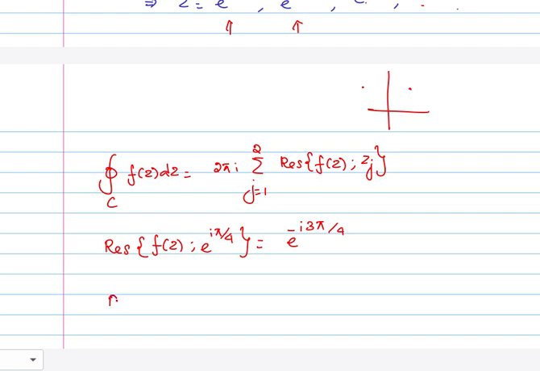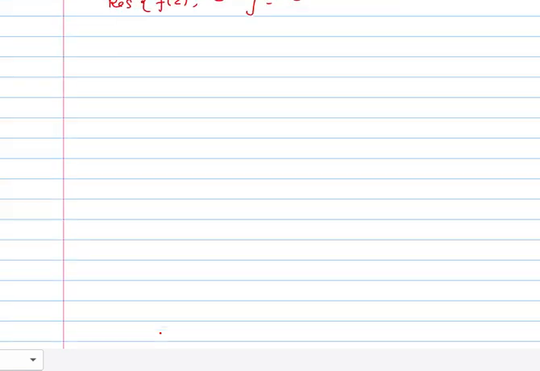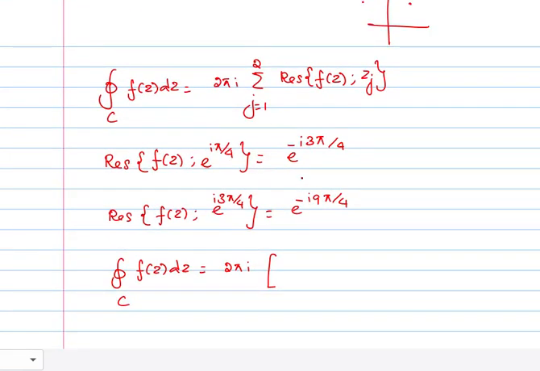Similarly, the residue of f of z at exponential of i 3 pi divided by 4 is exponential of minus i 9 pi by 4, divided by 4. So the integral over C of f of z is 2 pi i times the summation of residues. I forgot to write divided by 4 here and here.